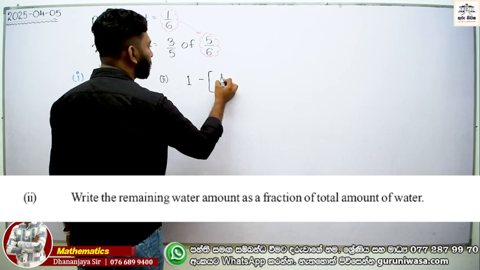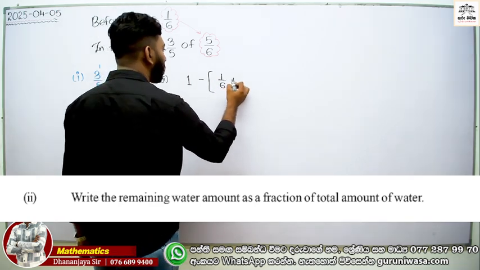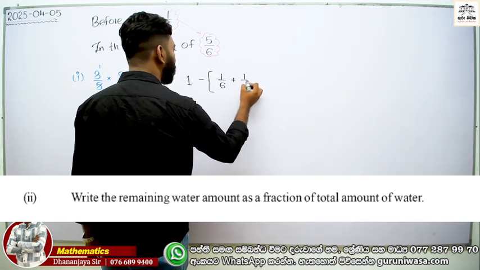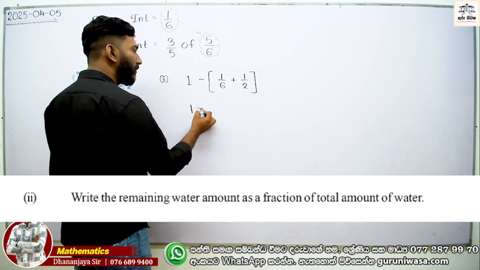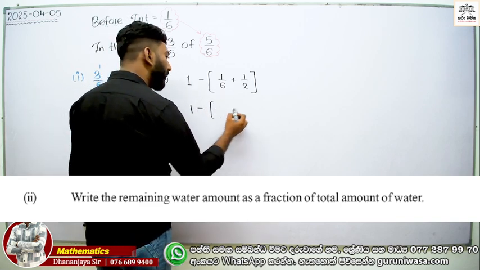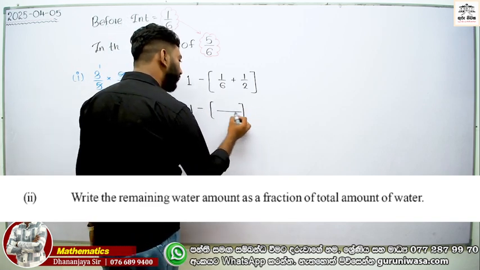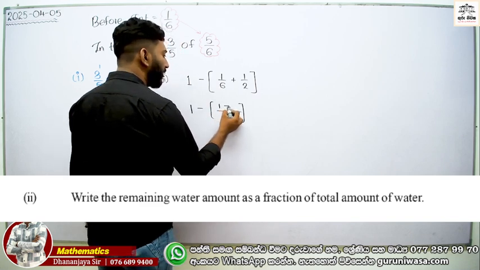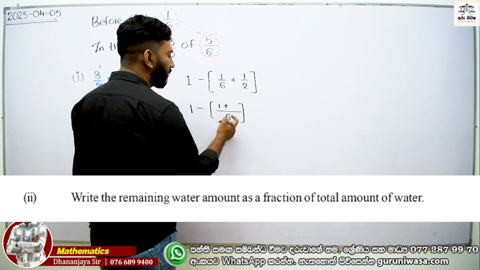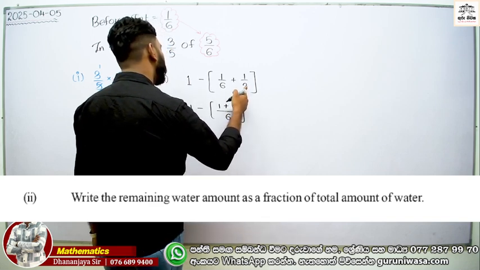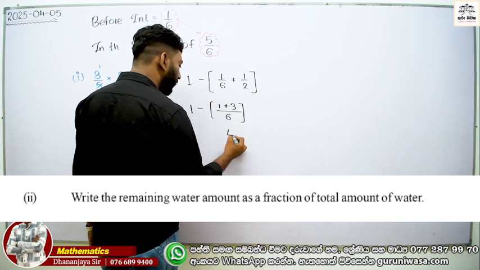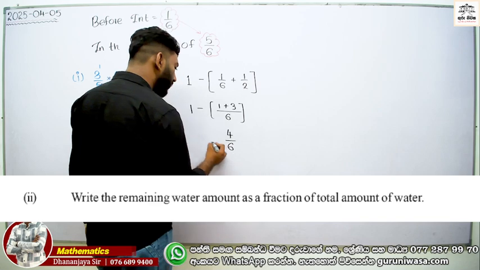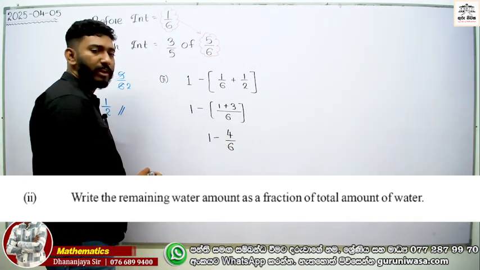She drank 1 over 6 before the interval and 1 over 2 during the interval. Now 1 minus, common denominator becomes 6, and 6 divided by 6 times 1 becomes 1, 6 divided by 2 times 1 becomes 3, and 1 over 6 plus 3 over 6 gives 4 over 6.